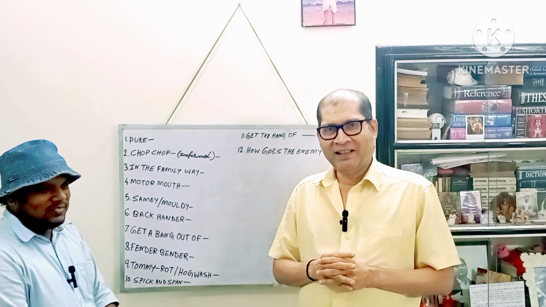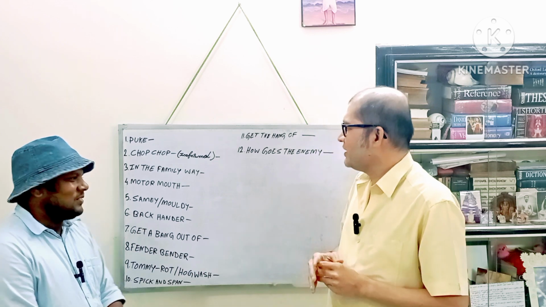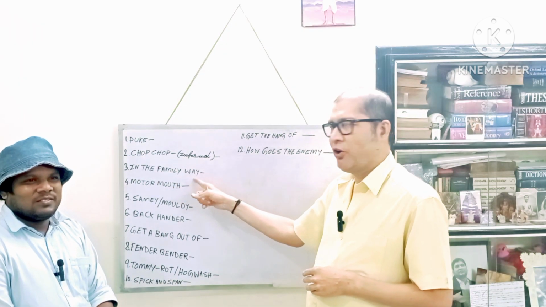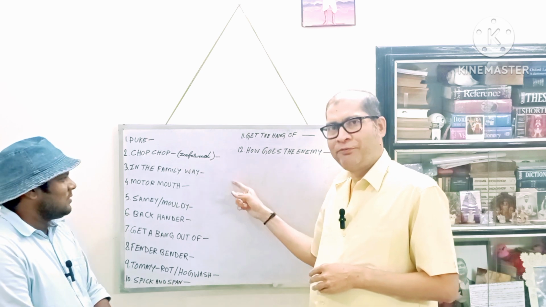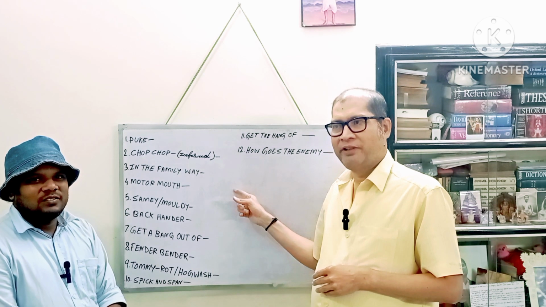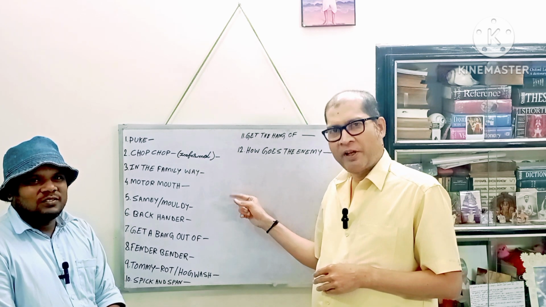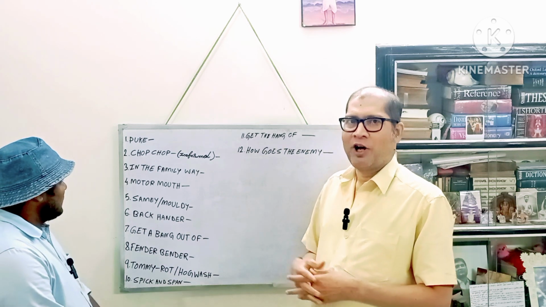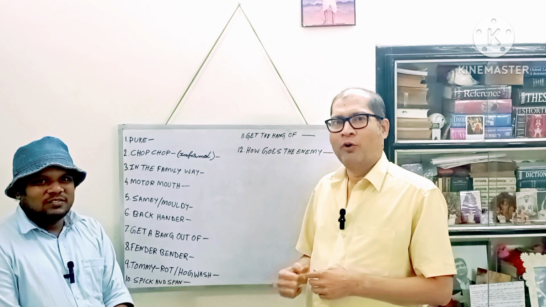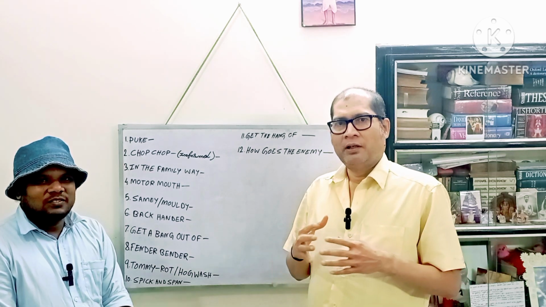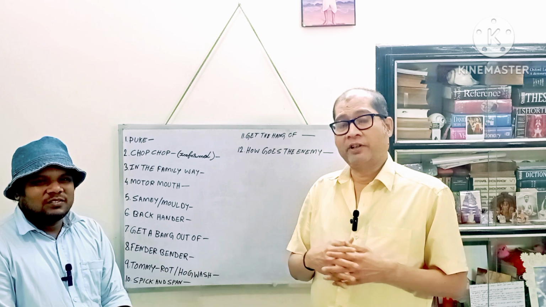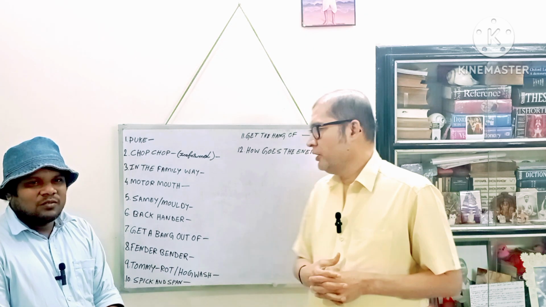U-P, up the duff. D-U-F-F, duff. So in the family way is used on a very formal occasion, but up the duff is used very informally, of course, especially when you are exchanging jokes with your friends. Do not use up the duff when you are talking about a lady whom you respect too much or who is in high esteem. All right?